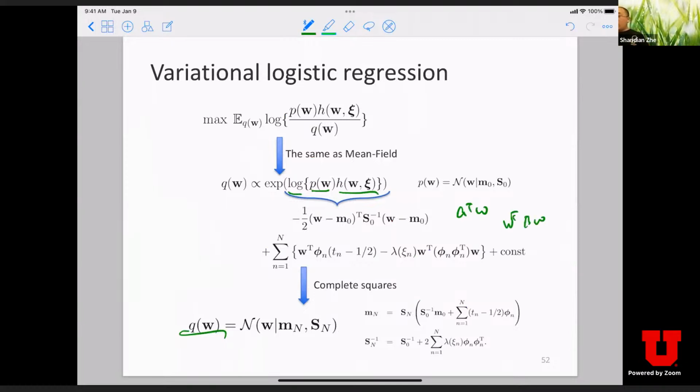If you put all those terms together by leveraging the square completion trick we discussed previously, you can immediately get that your Q of W, which maximizes this new lower bound, will be a Gaussian. This is the form. Again, I will request everyone to derive this form by yourself. It's tedious, but it's straightforward.